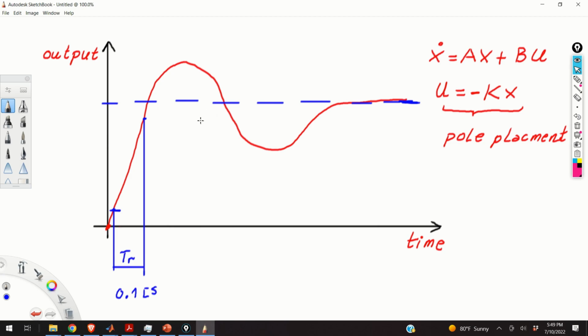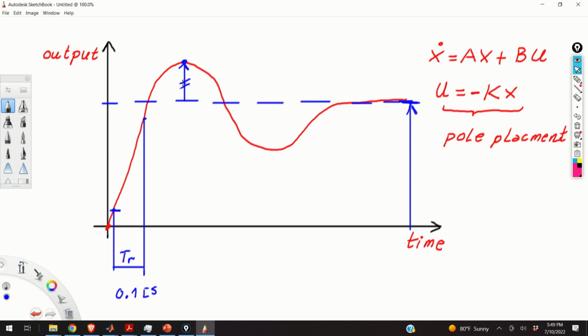Then the next step is to identify the peak. The peak is over here, and next we draw a line that reaches this peak. So the overshoot is this value expressed as the percentage of the final steady state value.